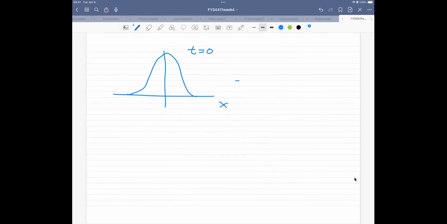Then when you move on to t different from 0, depending on how fast you're moving, your distribution spreads out. So it may look something like this, but still a Gaussian. If you replace this with a delta function, then what you would have is just a spike around x equals 0 at t equals 0, and this would still evolve as a Gaussian. You can actually show that.